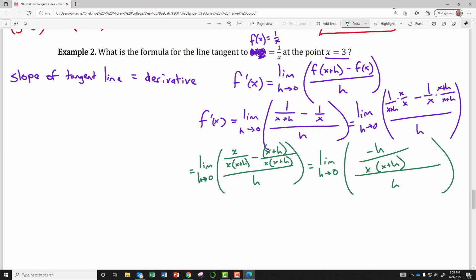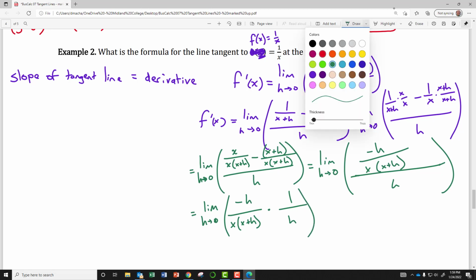Now here I have a fraction in my numerator, and then another h in this somewhat larger denominator down here. Remember that if you divide by something, it's the same thing as multiplying times the reciprocal. So let me show you what that would look like if instead of dividing the whole thing by h, I just multiply times the reciprocal of h.